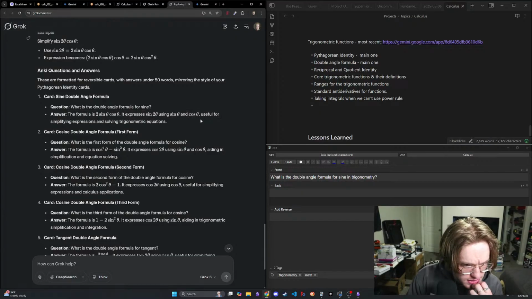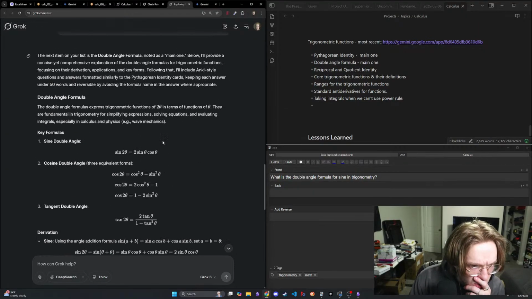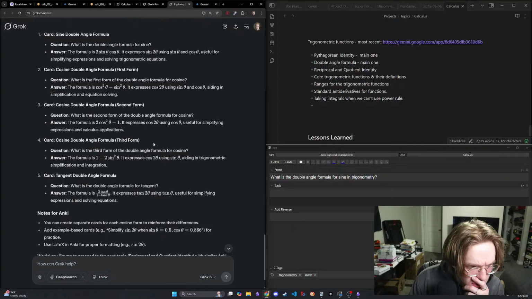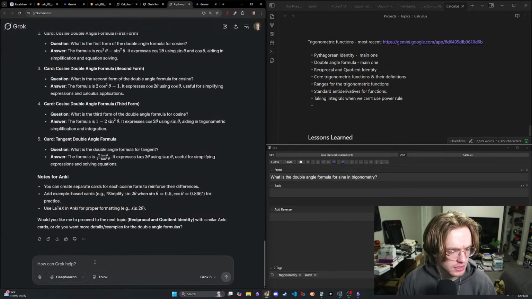It expresses... Okay, I don't think... If it's a formula, I'd assume that it equals something, right? Could you restate the Anki cards?